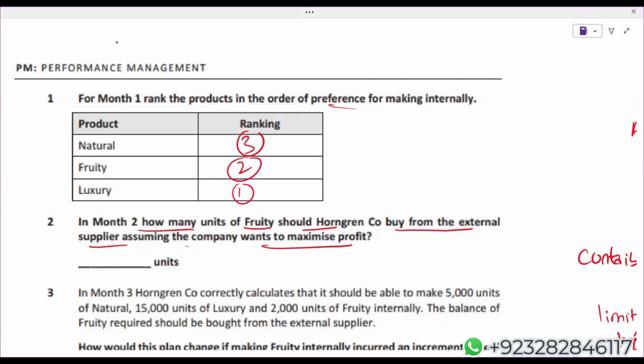Then it will be divided by the limiting factor. Then we'll see how much is the saving per limiting factor. Logically, the product which gives us highest saving per limiting factor, that will be manufactured first internally, then so on.